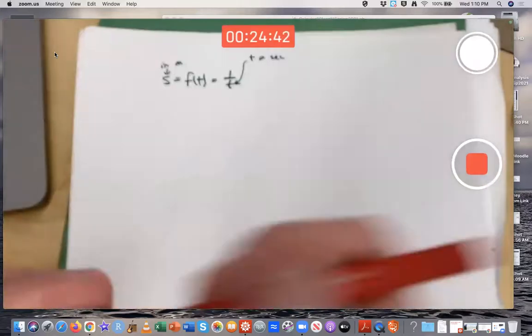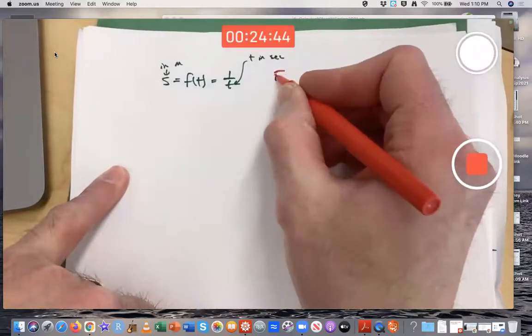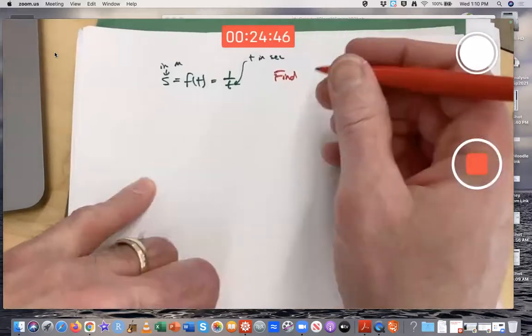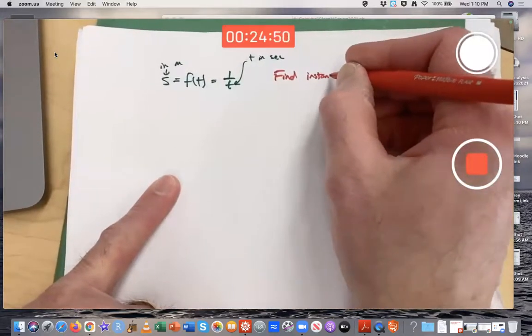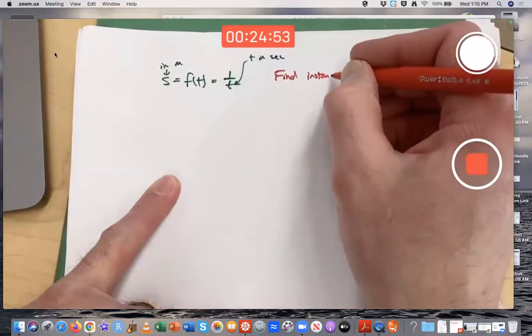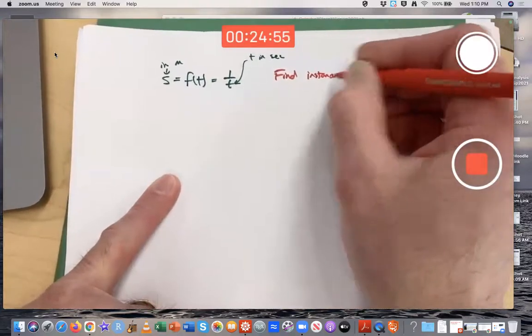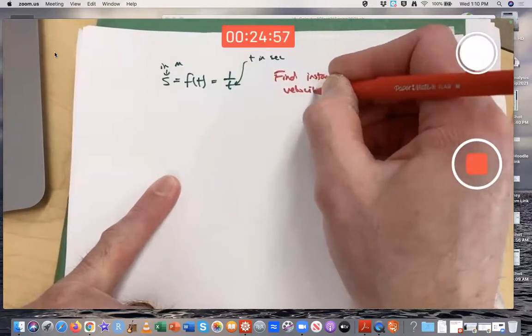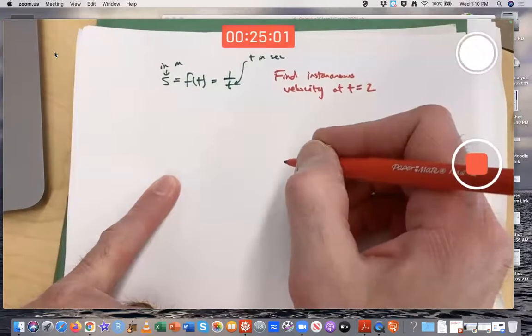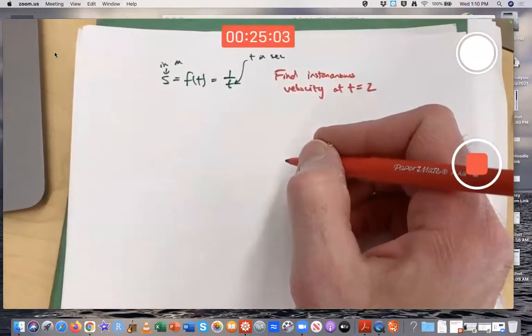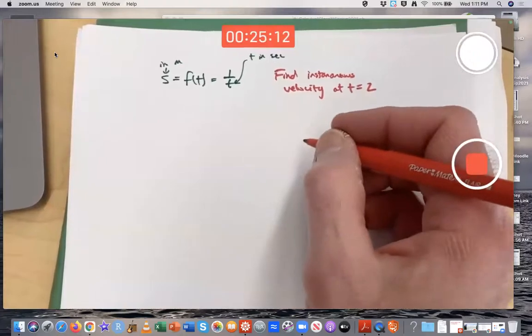Let's find not the instantaneous speed in this case, but the instantaneous velocity, velocity, not speed, at t equals 2 in this example. I did say on Monday that technically speaking, speed is always the absolute value of velocity for one-dimensional motion.